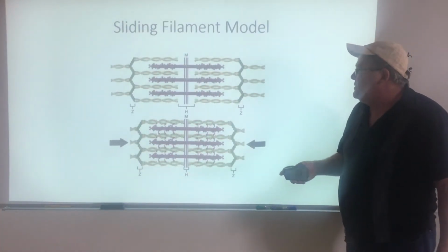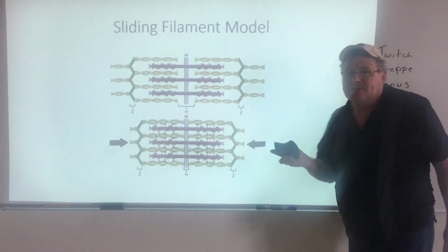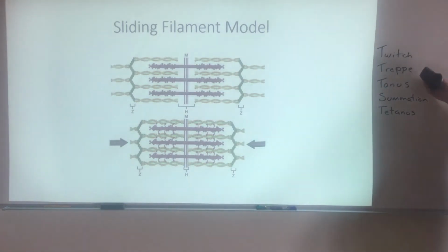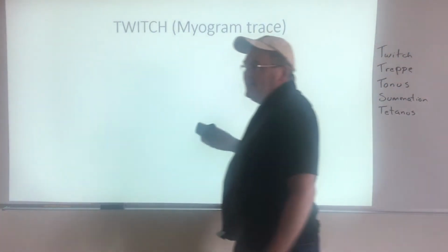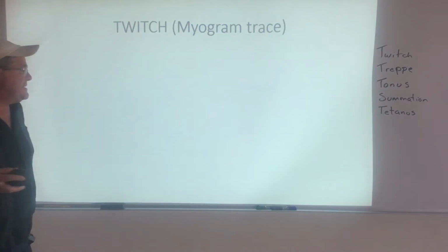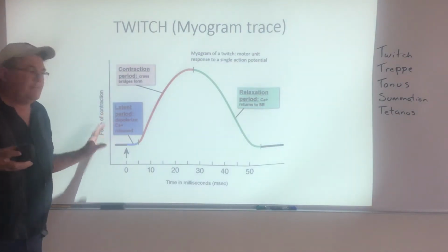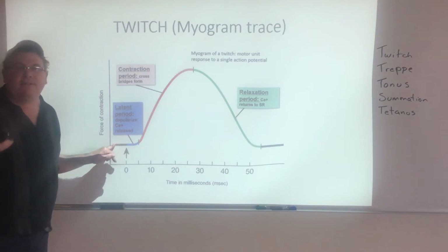This is what we want to do. This is what we're going to talk about with twitch, treppe, tonus, summation, and tetanus. So, twitch. Here's this myogram, a trace that plots time against the amount of contraction, and a simple twitch looks like this. There's a little bit of a latent period. Remember, there's a lot that's got to go on.